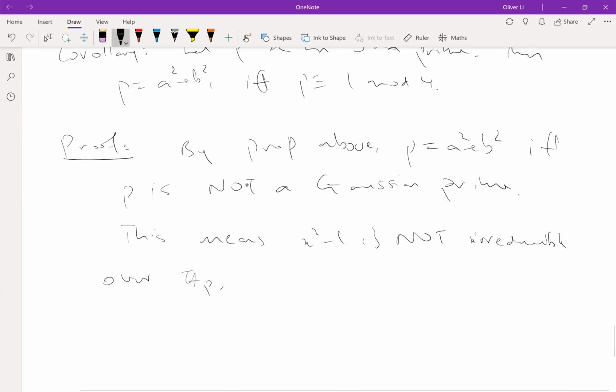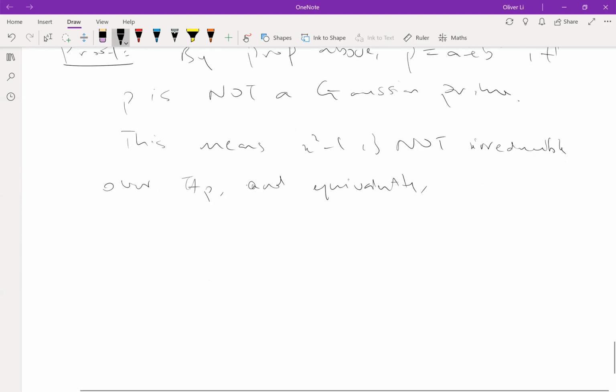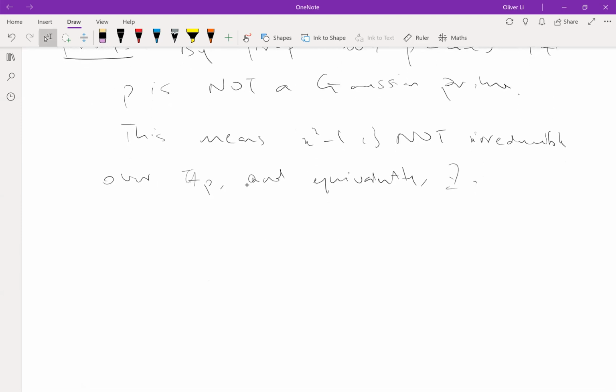Since this is a polynomial of degree 2, if it's reducible, it must have a linear factor, i.e. a root, which means there exists some a-hat in this field such that a squared plus 1 is equal to 0.